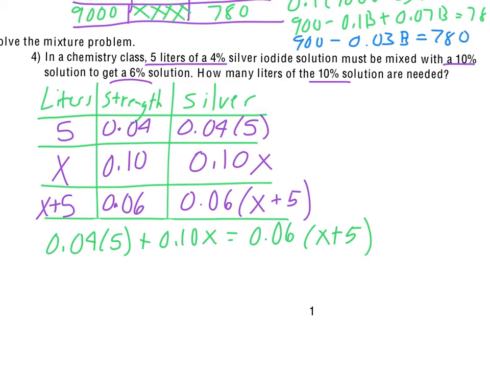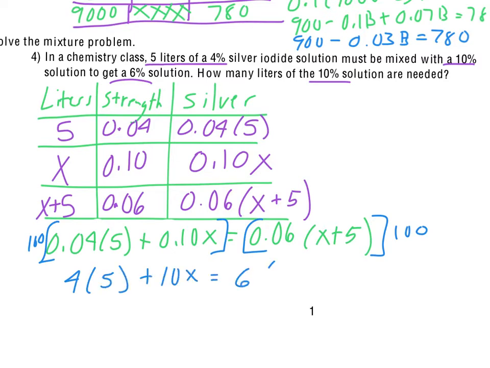So multiply both sides of the equation by 100. And so I get 4 times 5 plus 10x equals 6 times x plus 5. When I do that, it makes it a bit easier to deal with. So I get 20 plus 10x equals 6x plus 30.